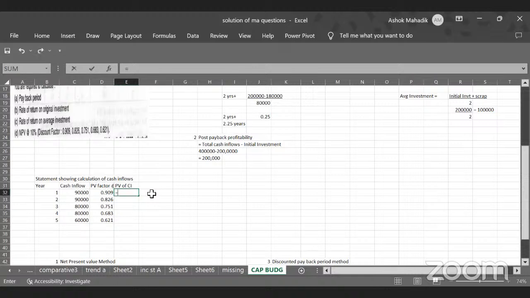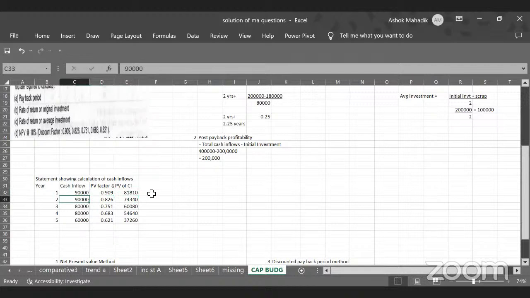So I'll do it: 90,000 into 0.9. So what does this indicate? This indicates that although in year one you are considering 90,000 as your cash inflow, considering the 10% discounting or inflation rate, your net in-hand cash inflow is only 81,000.